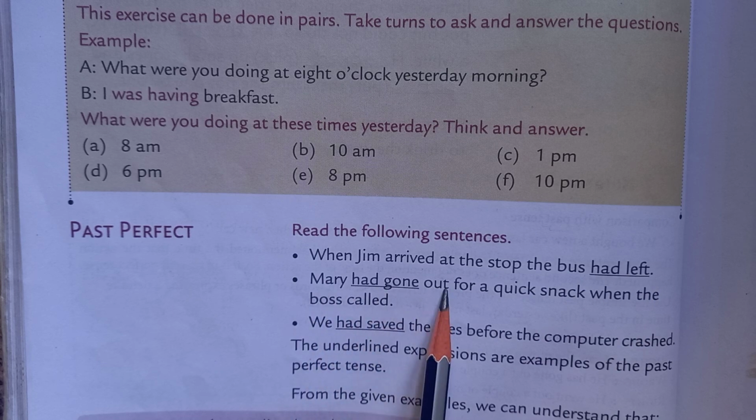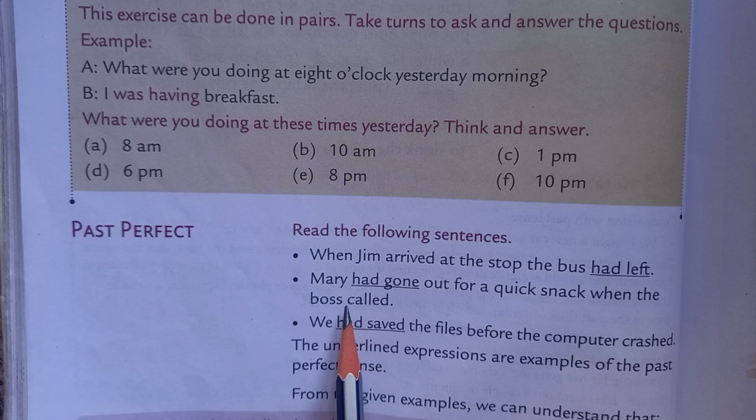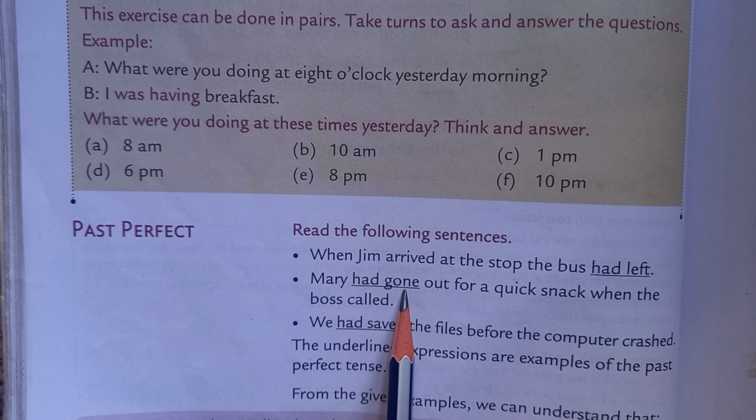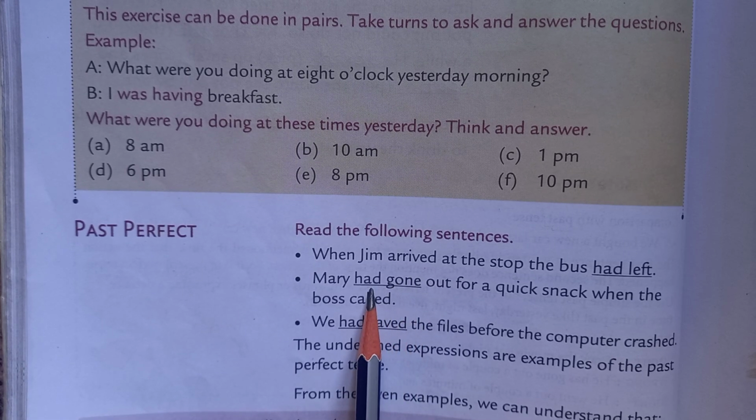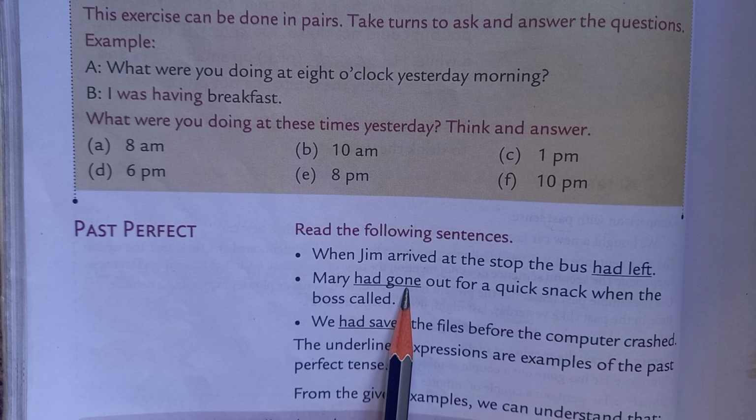Mary had gone out for a quick snack when the boss called. Now in this sentence, the action that happened first, in that case we will use had plus V3, and the action that happened later, the second action, we use V2.